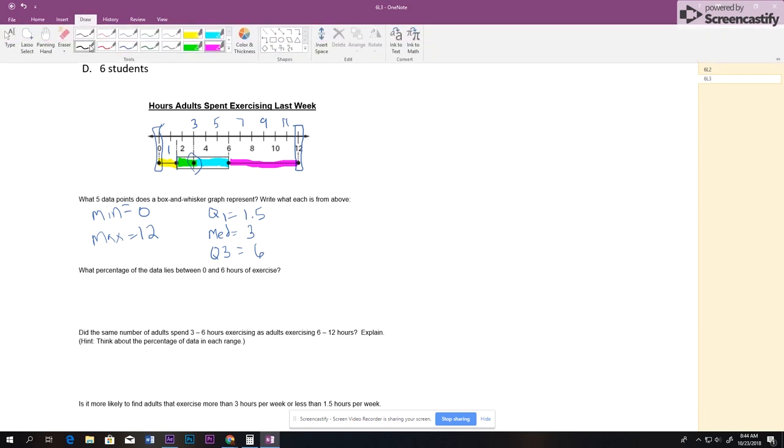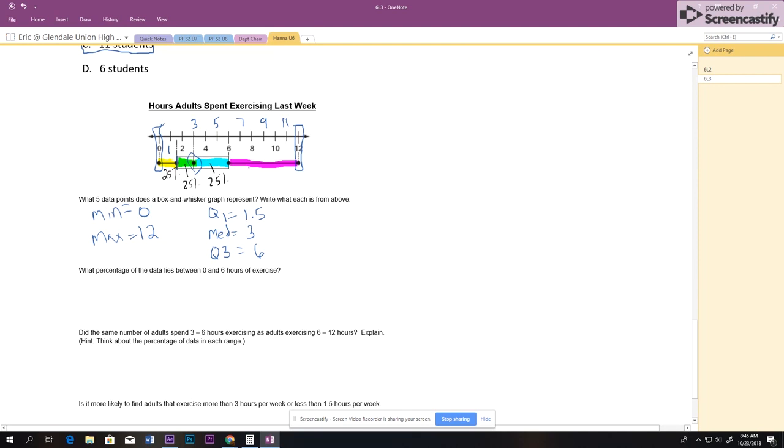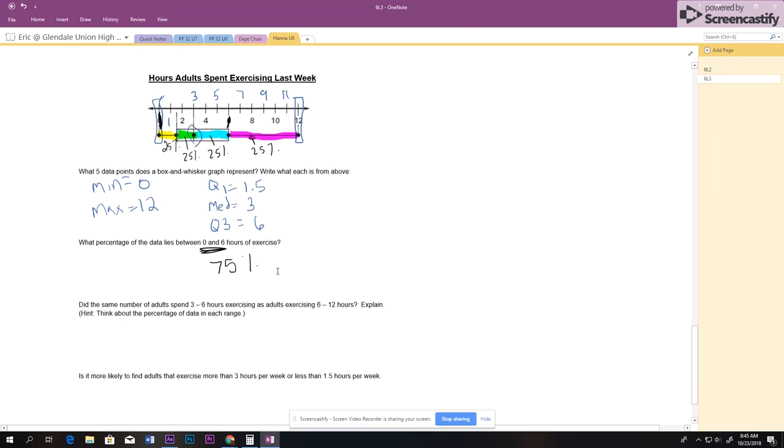Now, if you remember from our discussion previously on box and whisker, each of these parts is 25%. So between 0 and 6 hours, there's 3 25% pieces, so that is 75% of data lies between 0 and 6 hours of exercise. It means 75% of people get between 0 and 6 hours of exercise last week.